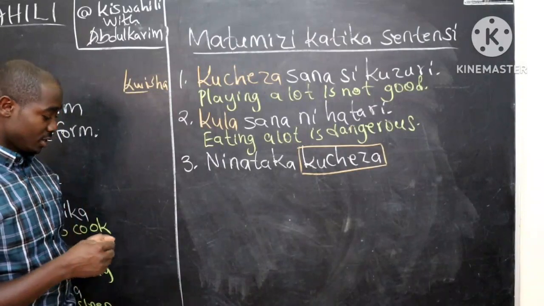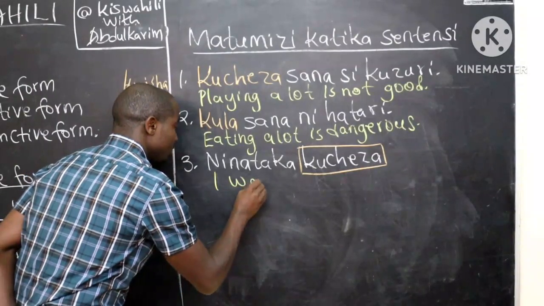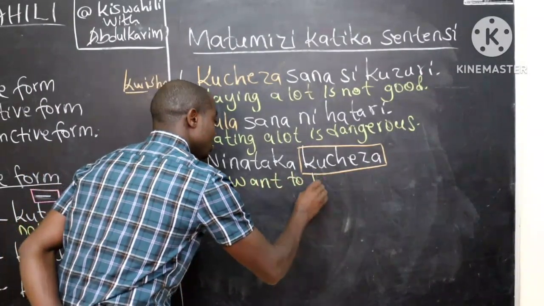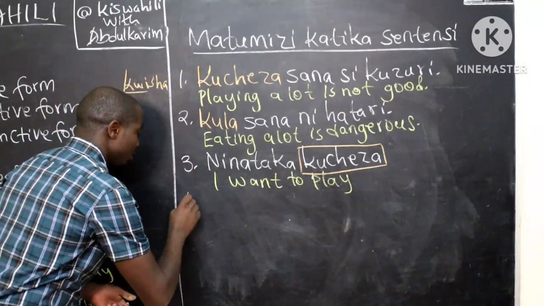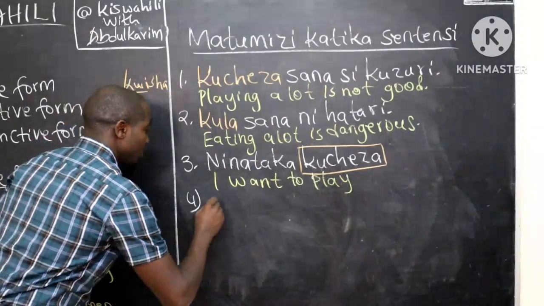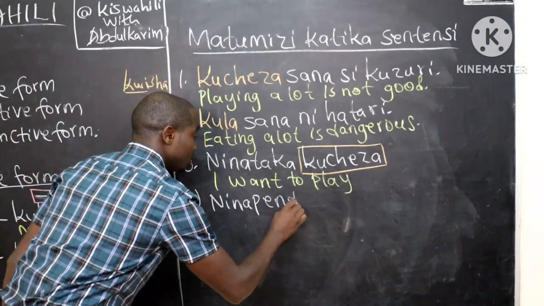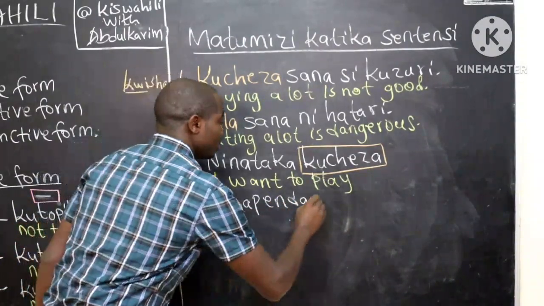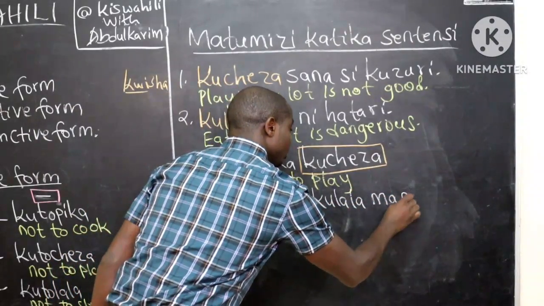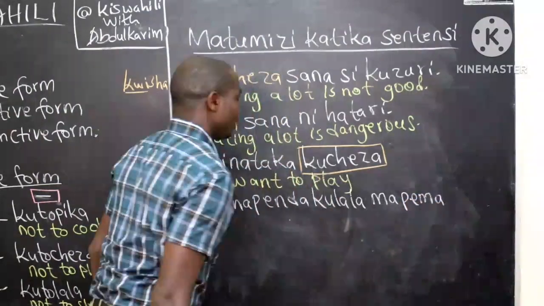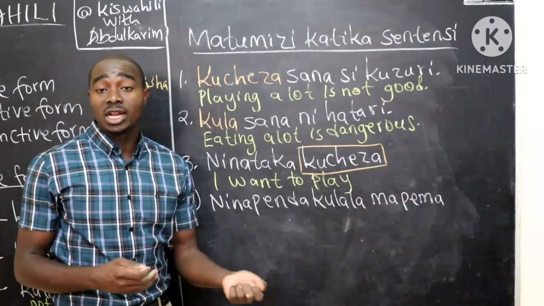Ninataka kucheza. Mfano wa pili, 4. Nambari nyingine hapa 4 kwa hivi. Kulala mapema. Ninapenda kulala mapema.